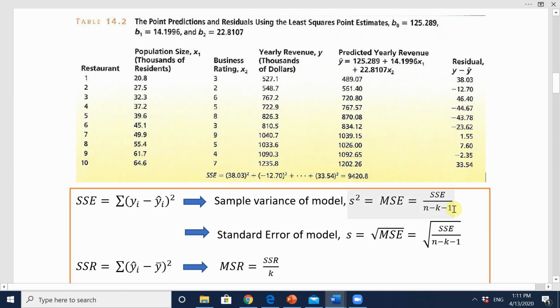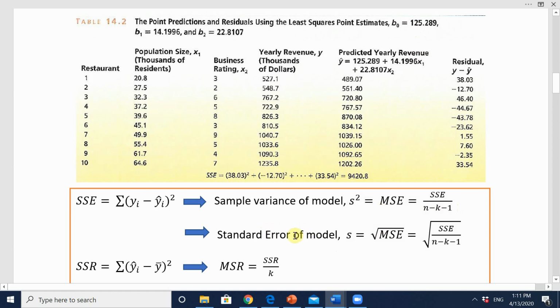Okay, minus 1, because let's not forget that I am also using an estimated intercept over here, b naught, right? So minus 1. Hence, I've got in my denominator over here 10 minus 2 minus 1 gives me 7. And hence, I can get my MSE, my sample variance for the model.